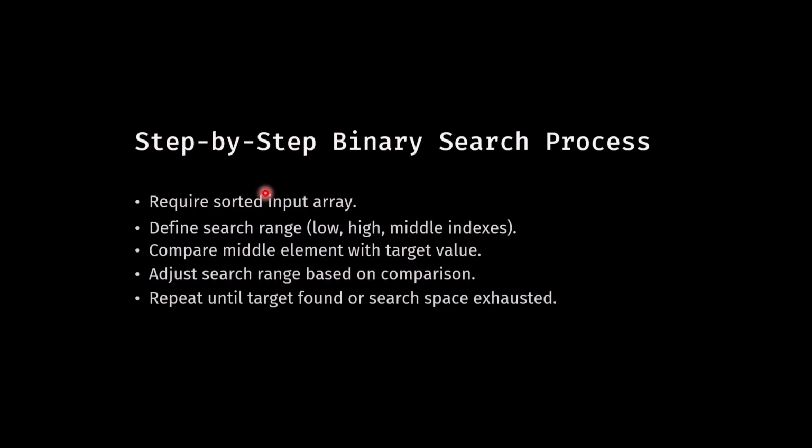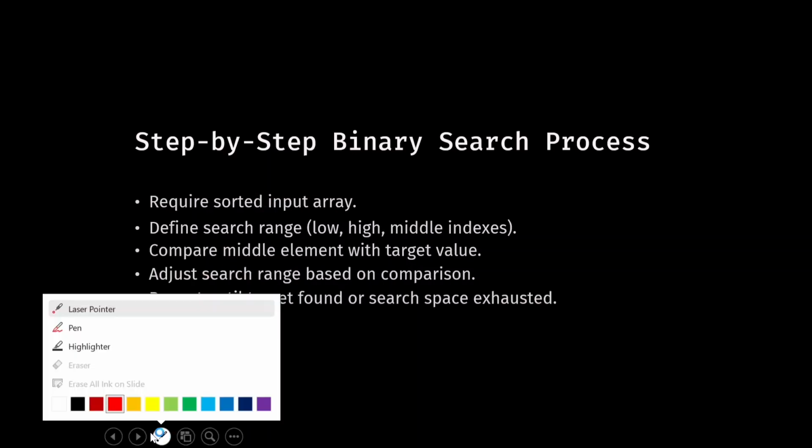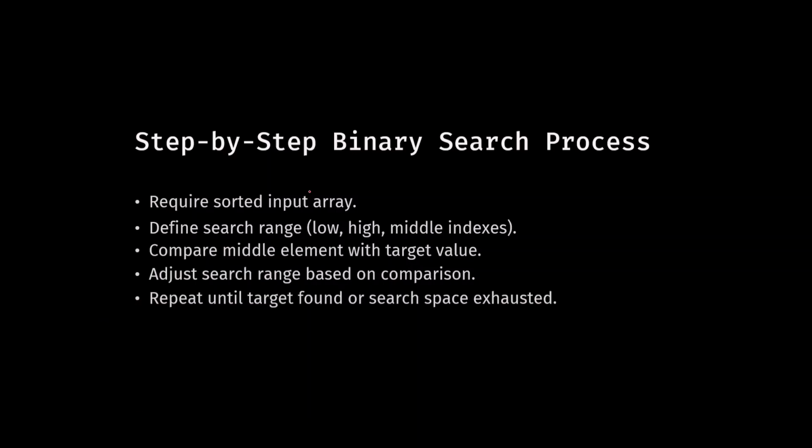Next, this is the step by step process of how binary search works. Firstly, we require a sorted input array, and next we define the ranges. That means low is the starting index, high is the ending index, and the middle index we get by using the formula. We compare the middle element with the target variable.